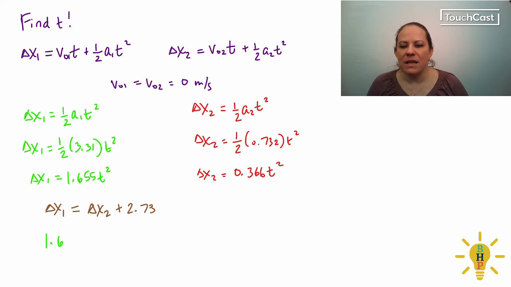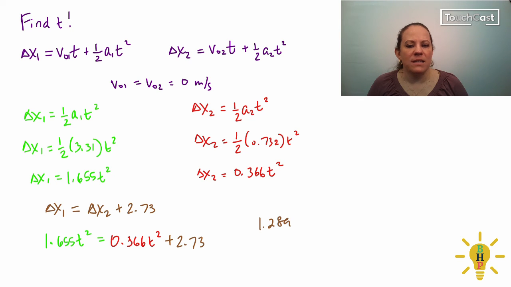So 1.655 t squared equals my delta x2, which was 0.366 t squared plus 2.73. And when I keep solving that, I get 1.289 t squared. When I collect the like terms with the t squared on one side, will be equal to 2.73.